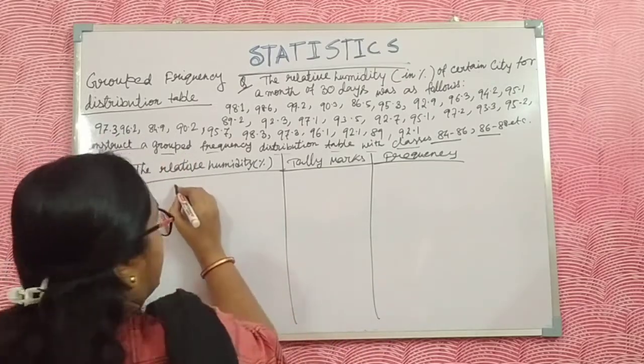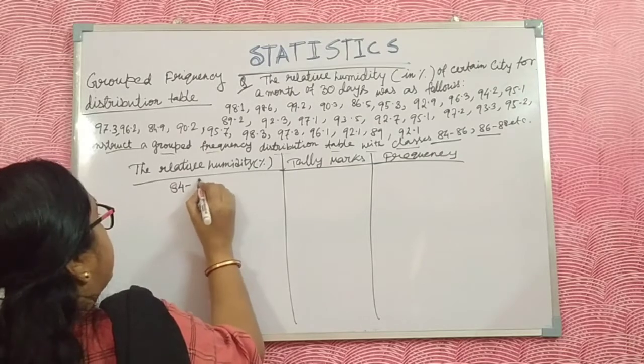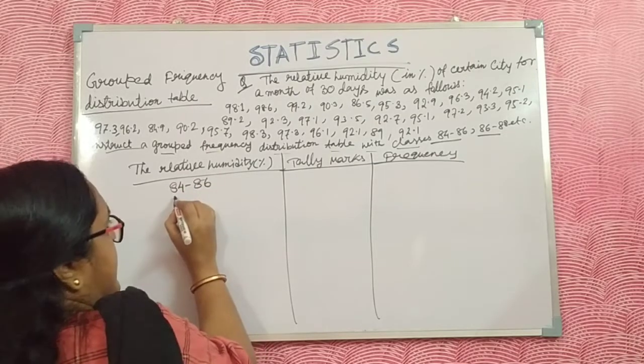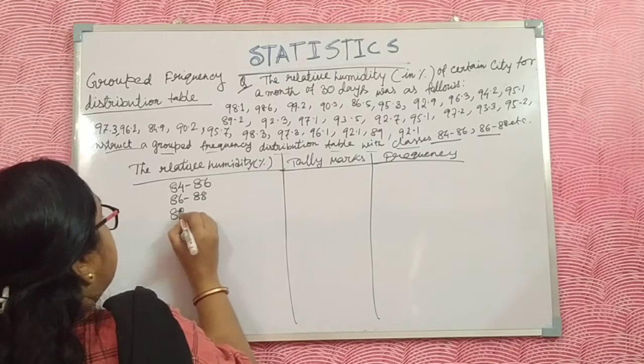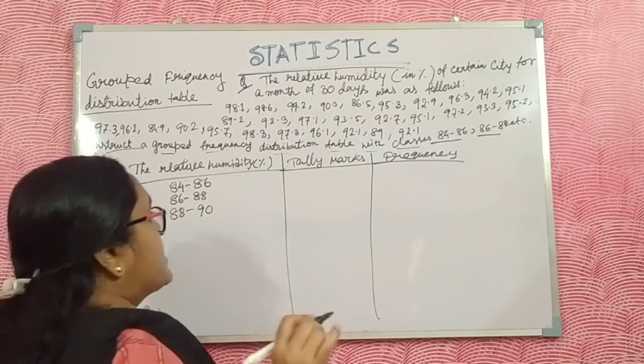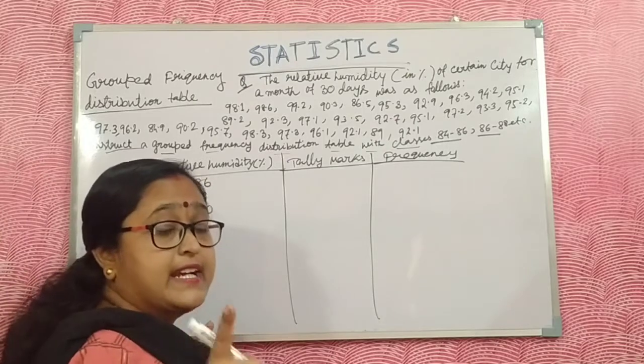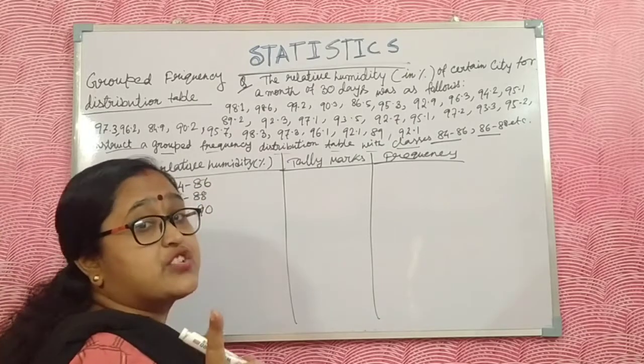Now first I take 84 to 86. This is the first class, the second class is 86 to 88, then 88 to 90. First you select the lowest humidity.